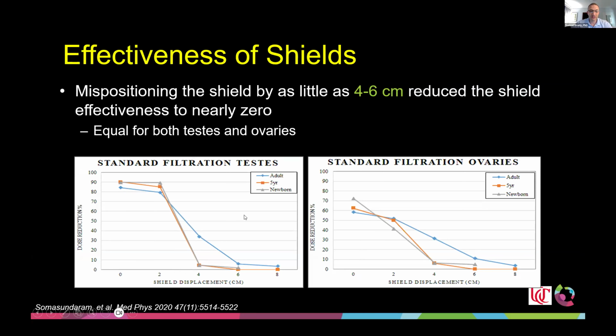We did a study at our institution, and we wanted to know how far the mispositioned shield has to be before there was no dose savings. And as little as 4 to 6 centimeters off its ideal location, you can see that for the exposure to the testes and ovaries, basically, there was no dose savings. The value dropped very quickly.